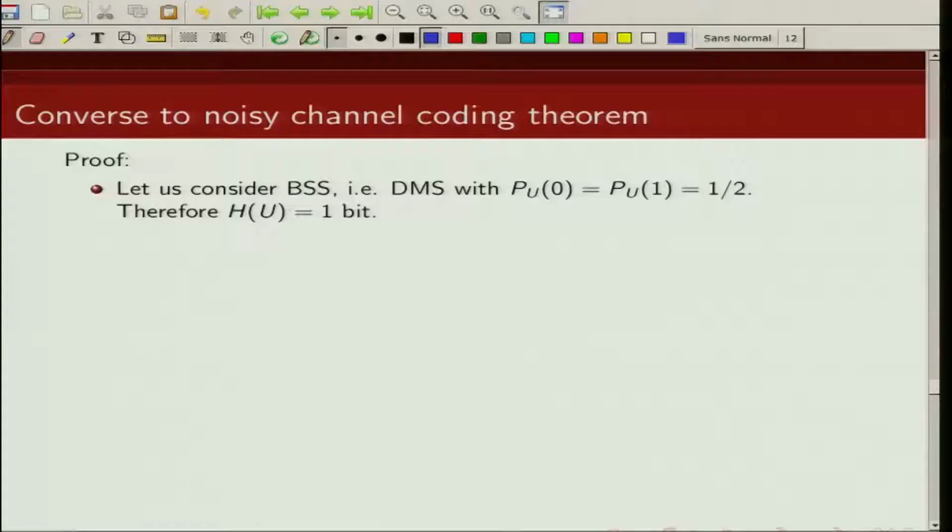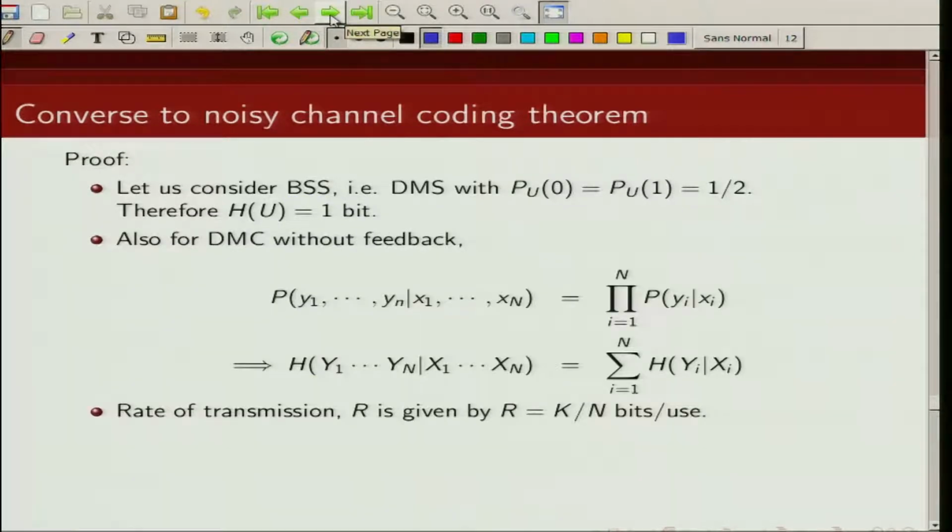Since we are considering a binary symmetric source, probability of 0 and probability of 1 is half. It's a symmetric source and it's a binary source, so it emits zeros and ones with probability half. So we can write uncertainty in u as 1 bit. Now for a discrete memoryless channel without feedback, probability of y1, y2, y3, yn given x1, x2, x3, xn can be given by the product of probability of yi given xi, taken from i goes from 1 to n.